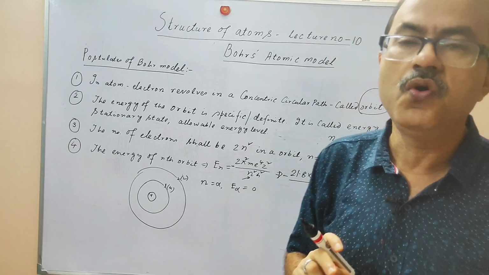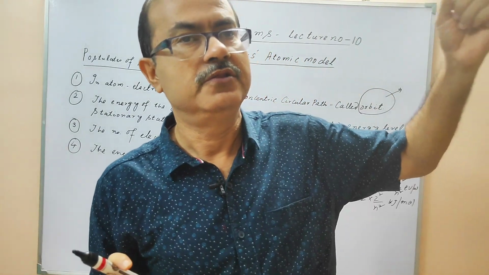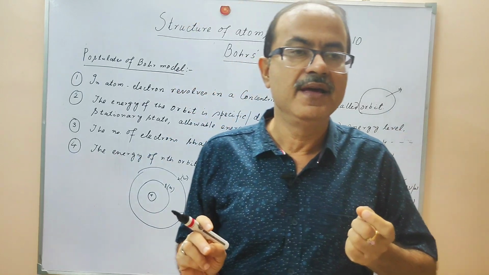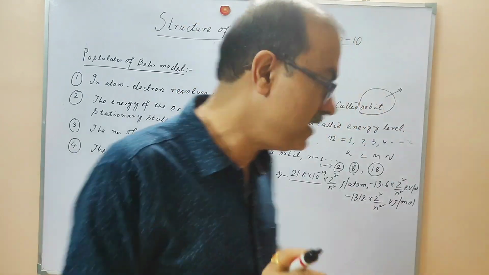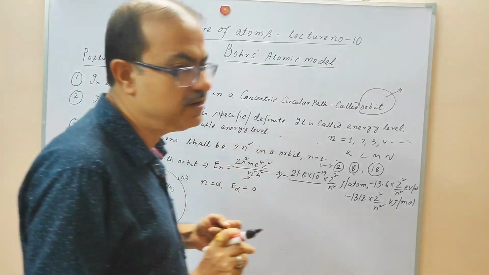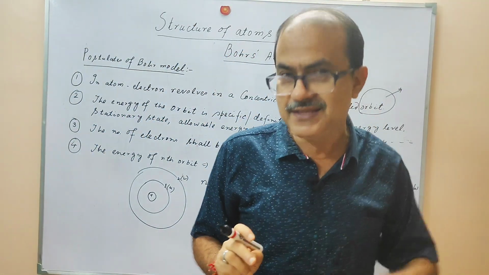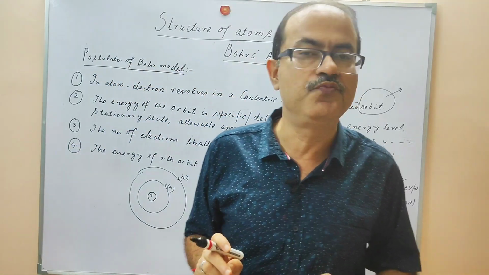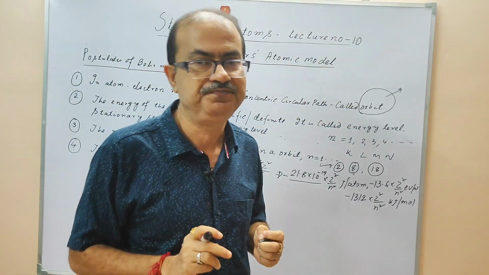When this is 0, it is the maximum energy the electron can have, so the energy of the other stationary states must be lower than 0. And if it is lower than 0, then you have to put a minus sign to it.